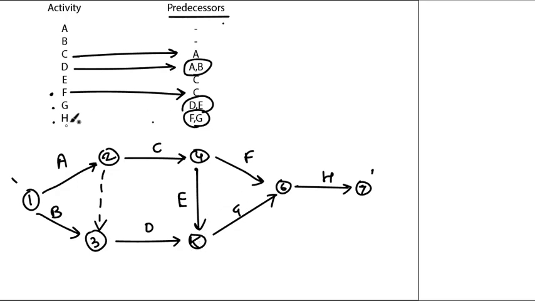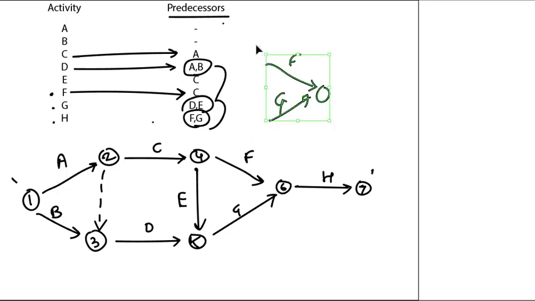And H is coming where F and G are meeting. So if there are multiple predecessors, consider they are meeting at a particular node. So this is activity on arrow.